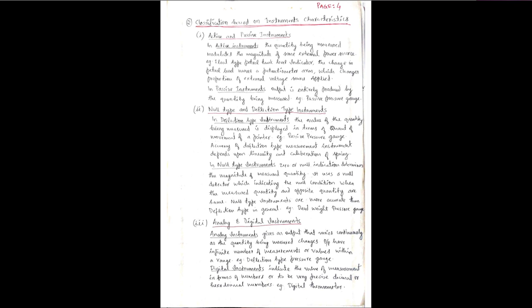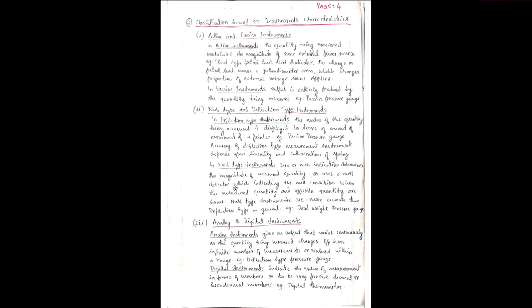Here the value of the quantity measured is indicated by the pointer. Okay, and in null type instruments, a zero null indication determines the magnitude of the measured quantity. It uses a null detector. You have heard about the null detector.